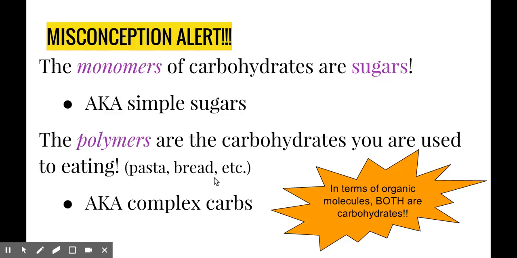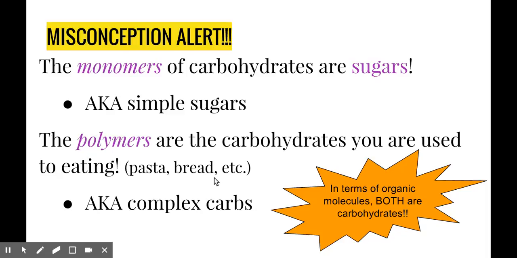The monomers of carbohydrates, so your monosaccharides and your disaccharides, are dietary sugars, which is why we call them simple sugars. So things like sucrose that you cook with or fructose that you find in your fruit, when we eat those, they taste sweet and they're very small carbohydrate molecules. The polymers of carbohydrates, those are the ones that we're used to referring to as our dietary carbohydrates.